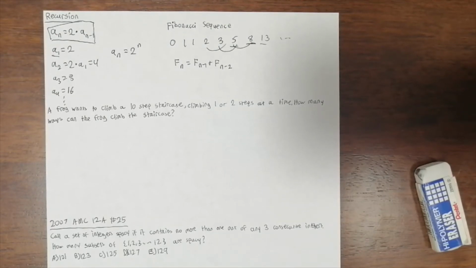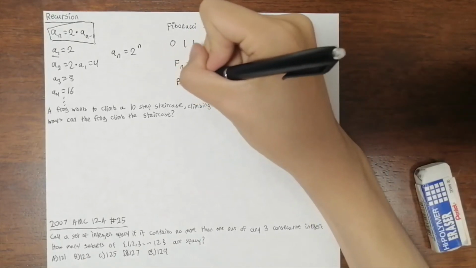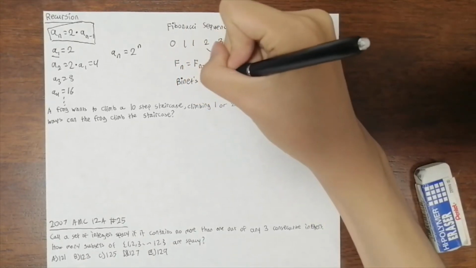There's also an explicit formula that is used to compute the Fibonacci sequence, but it's super complicated. It's known as Binet's formula. If you're interested, you can search it up.